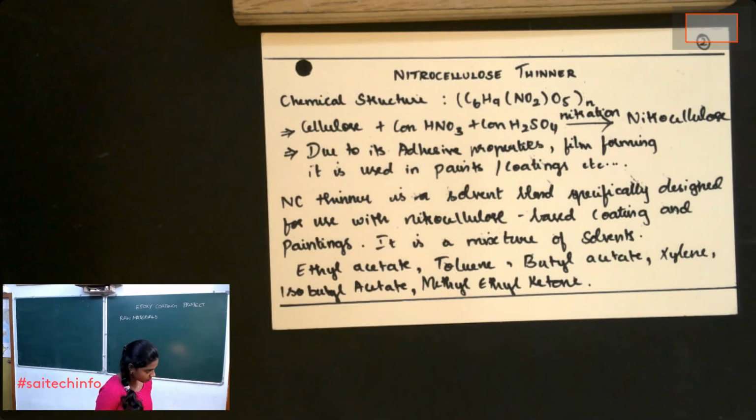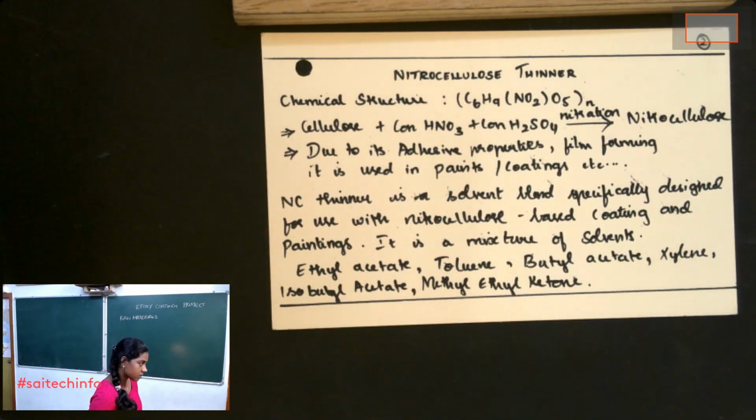It is only a solvent that is intended for adjusting the viscosity of nitrocellulose based resin or nitrocellulose based paints. So in this thinner there isn't any nitrocellulose. We call it nitrocellulose thinner because it is used in nitrocellulose products.